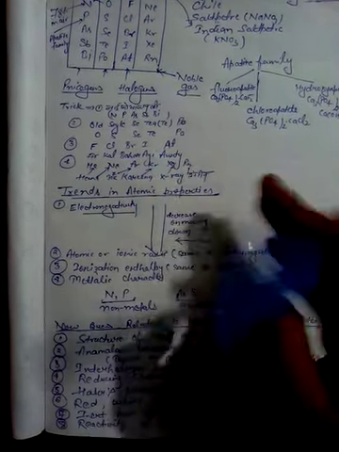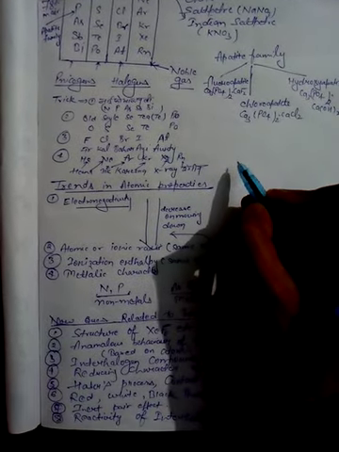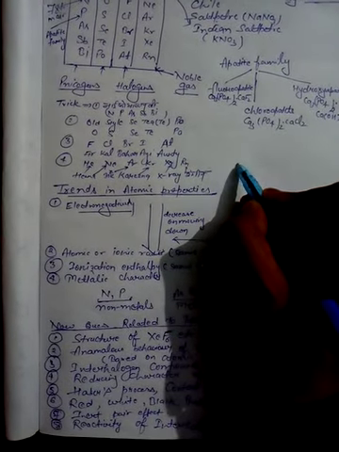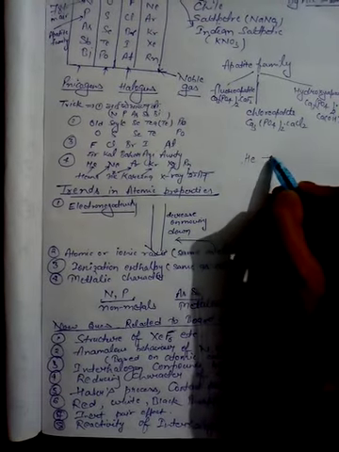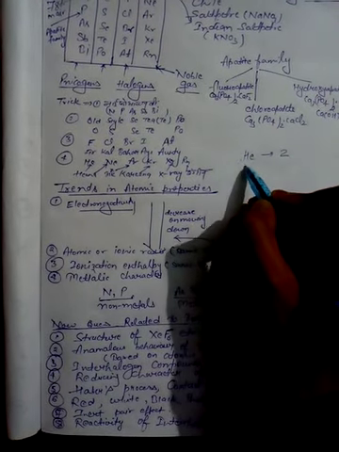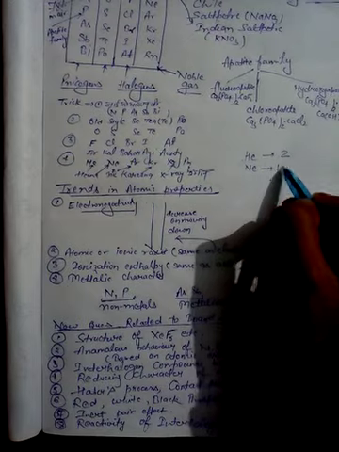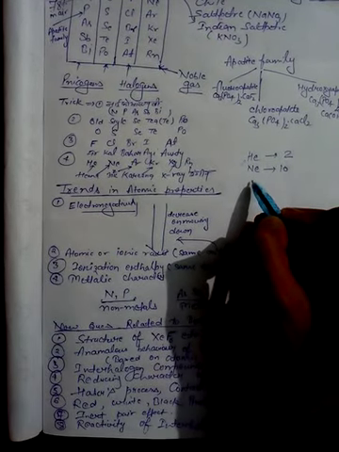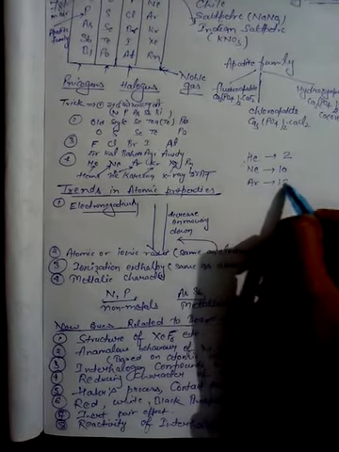And here we have the formula for atomic numbers: helium has 2, neon has 10, and argon 18.